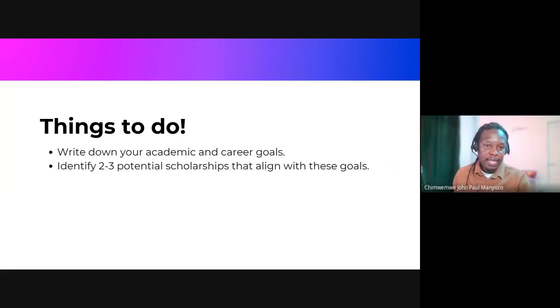And then take note of those scholarships, because as we are going through this particular series, you're going to notice that a lot of things are going to start to make sense in terms of the requirements. And then you can even start making the applications. But you're going to be making applications to scholarships that are not just outside of any other field, but scholarships that align with what you're looking for.